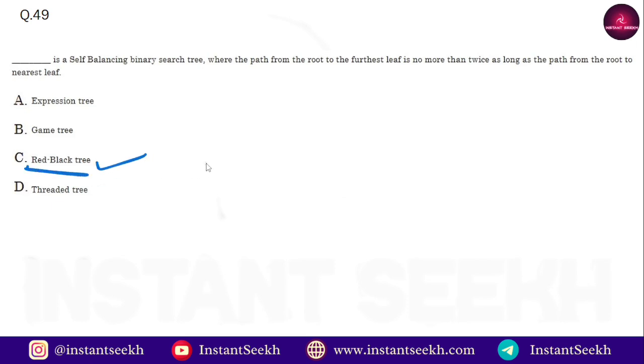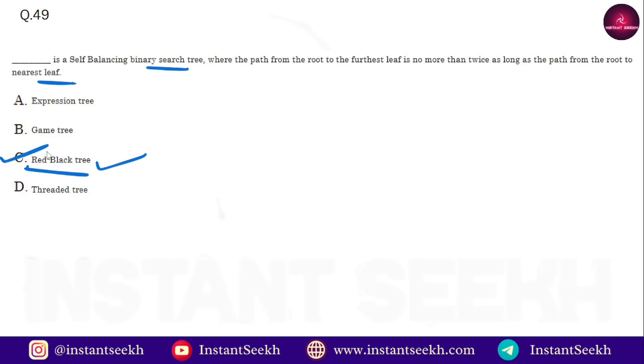Now, what is this? A red black tree is a type of self-balancing binary search tree. It maintains the balance by ensuring that the longest path from the root to a leaf is no more than twice as long as the shortest path from the root. So it is basically the definition itself given here. So your correct answer for this is a red black tree.